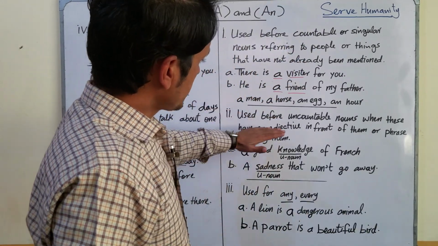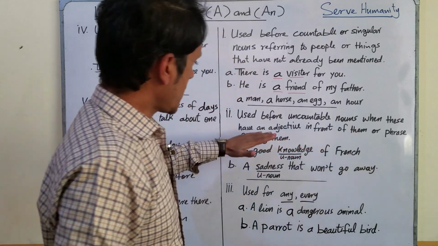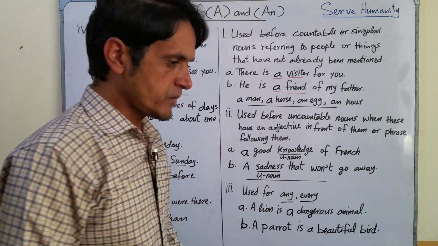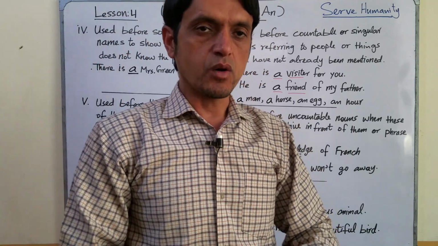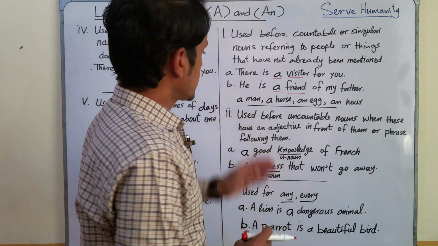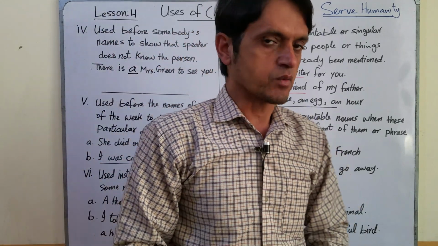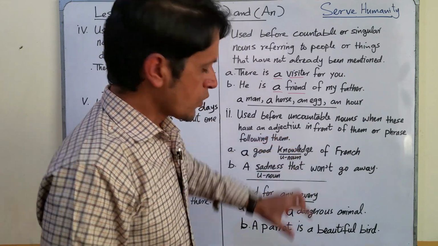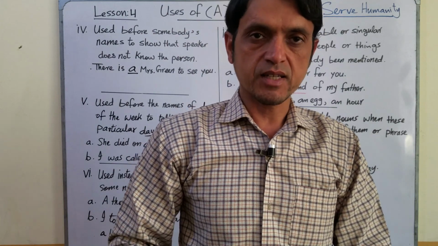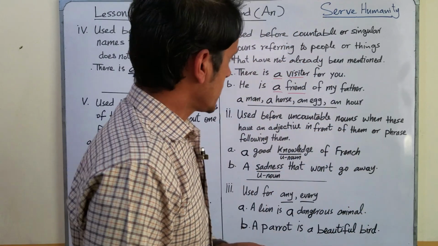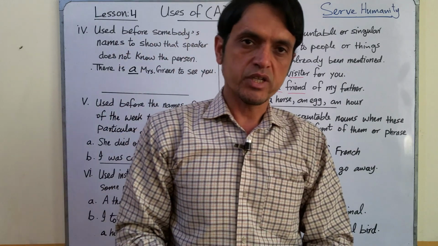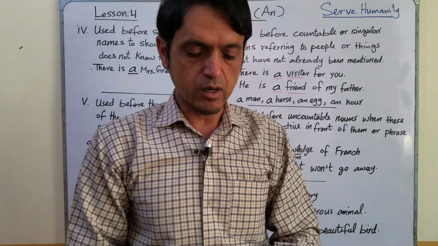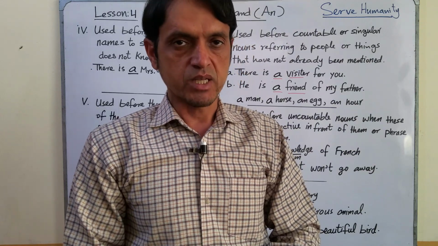Number two, use before uncountable nouns when these have an adjective in front of them or phrase following them. Keep in mind that we always use indefinite articles with countable singular nouns, but in two cases here, we can also use indefinite articles a and an with uncountable nouns. And as you know, we have two types of nouns. One is called countable nouns, and the other is called uncountable nouns.